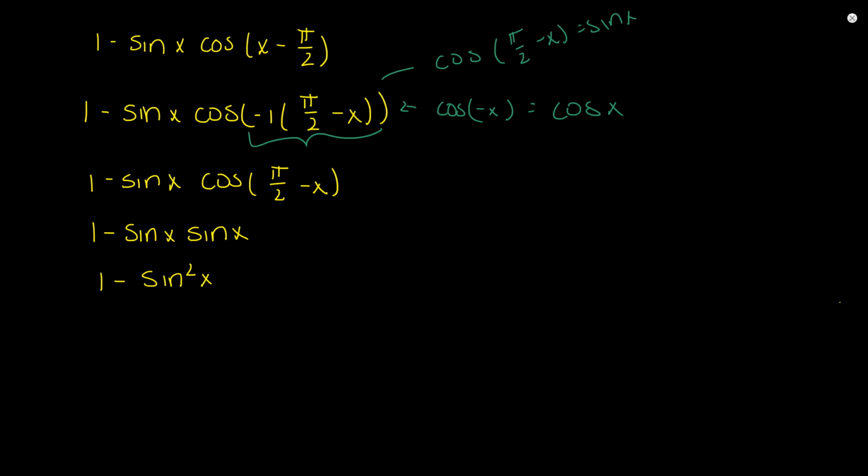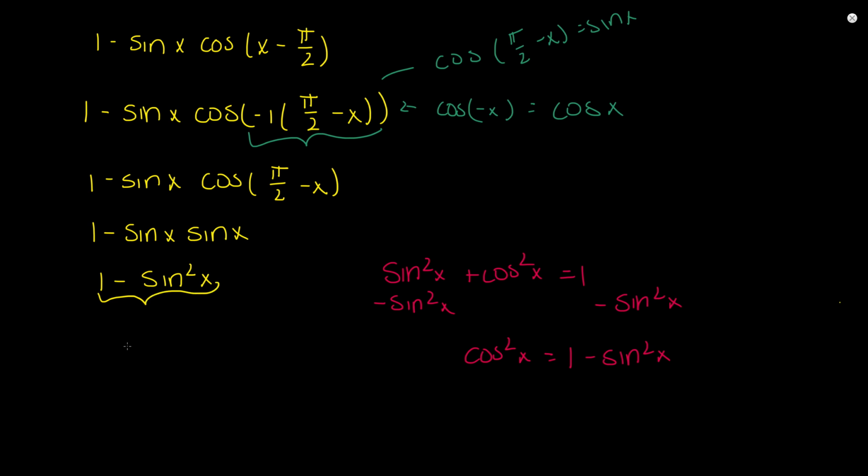Coming from previous knowledge, I remember that sine squared x plus cosine squared x equals 1. So if I subtract sine squared x from each side of the Pythagorean identity, we get cosine squared x equals 1 minus sine squared x. So in reality, this right here is going to be cosine squared x.